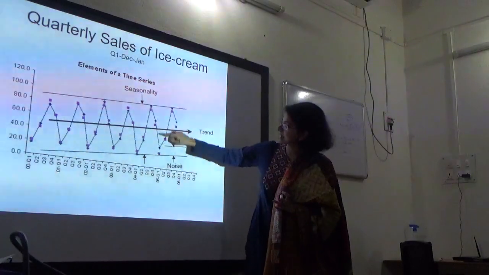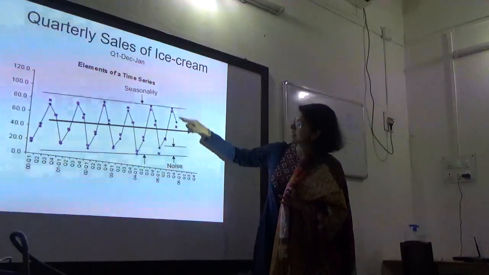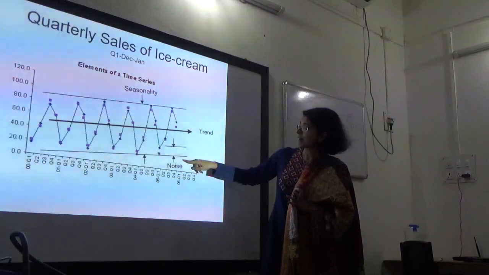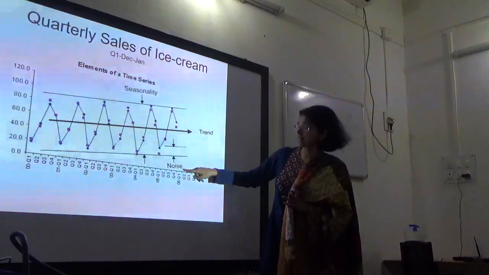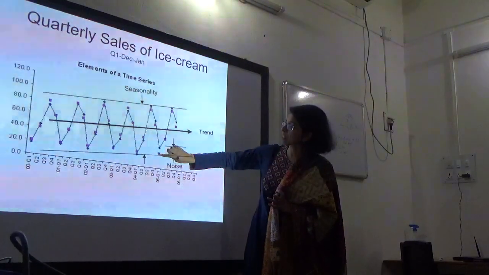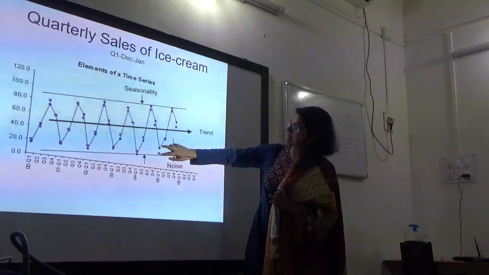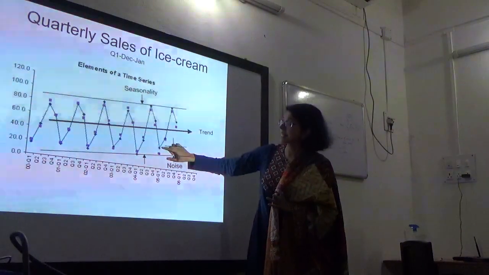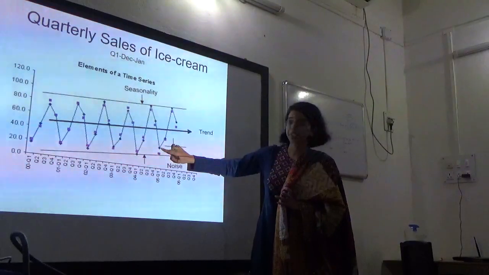So here you see that this is the trend line, and this is the seasonality. Means seasonality is like that. And there is one more word, perhaps you might have noticed it, that is noise. Sometimes your fitted observation is a little too far from your observed, then I will say that this is an outlier observation, okay?